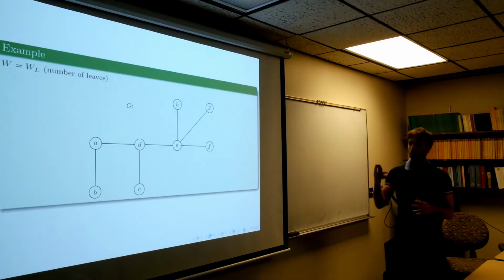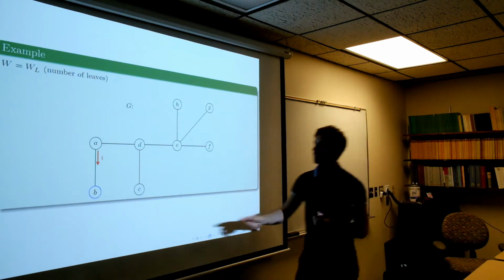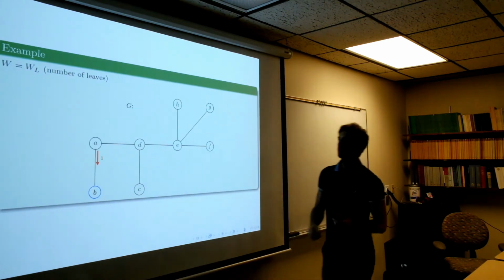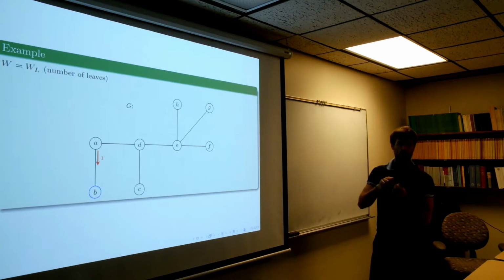Let's see an example of how this works. So let's take this tree here, and let W be the number of leaves, the number of pendant vertices. So we want to put numbers on the arrows. For example, for this arrow here, the rooted connected component associated with this arrow is just one vertex, right?